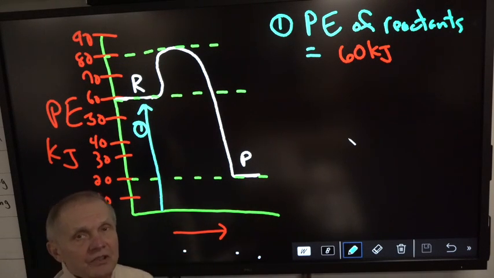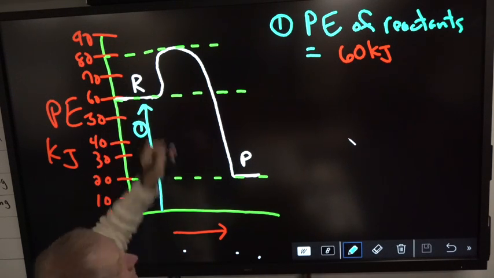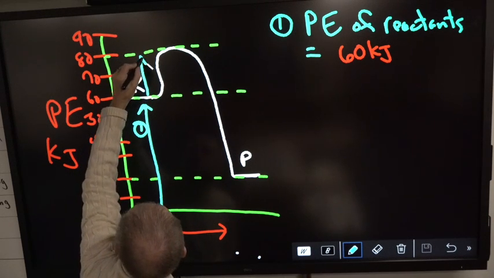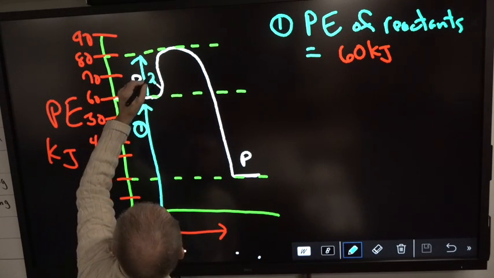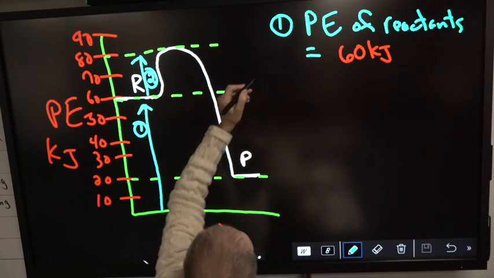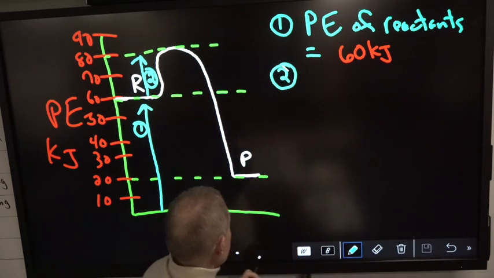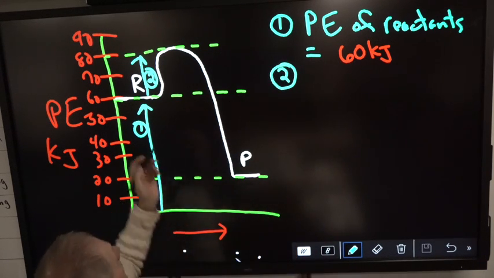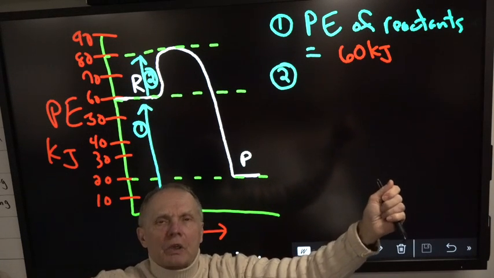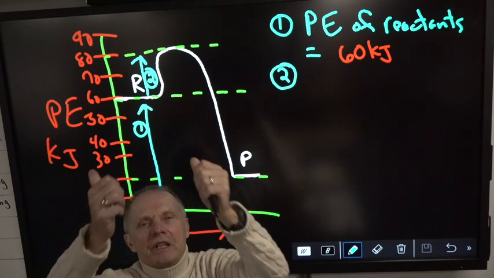Now, this next line segment, really important. It's from the reactants to the top. So this is line segment 2. And remember, line segment 2 goes from the reactants to the top. That's where the molecules or the particles were coming toward each other with a lot of potential energy, and they smashed into each other.